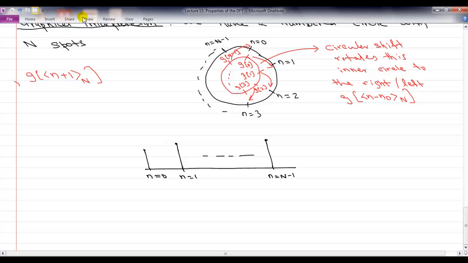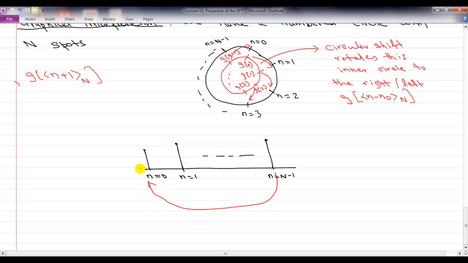And the idea is that if you are shifting things by n naught, instead of going forward, what you should think of is that this is virtually connected to n equal to 0. Okay, so this is effectively, I'm redrawing the previous picture, but now on a line. Right? This n equal to n minus 1 is connected to n equal to 0. So everything gets shifted to the right, and the moment something goes beyond n minus 1, it comes back to 0. And you just keep on doing this operation.